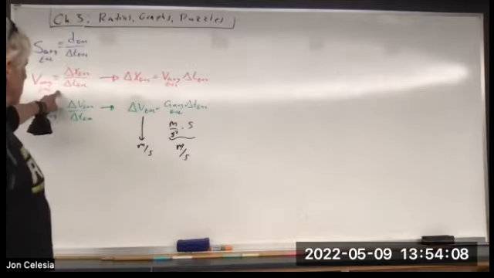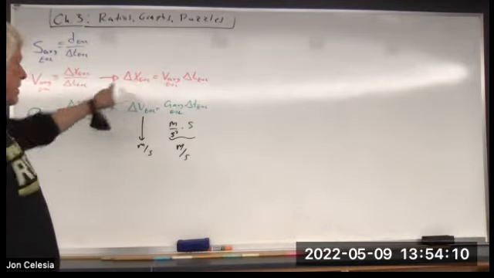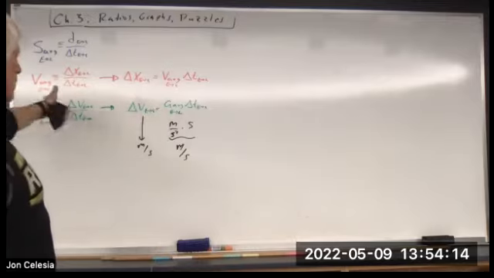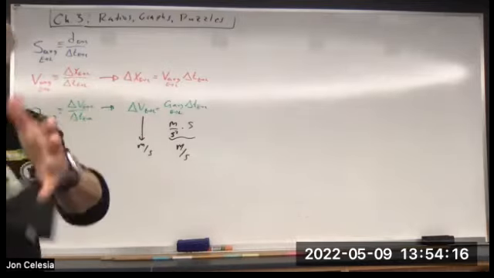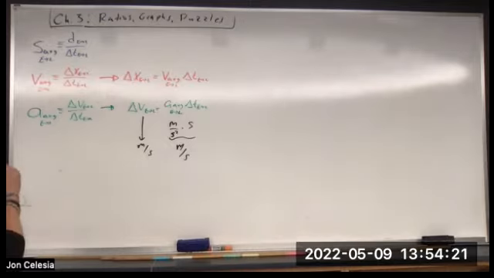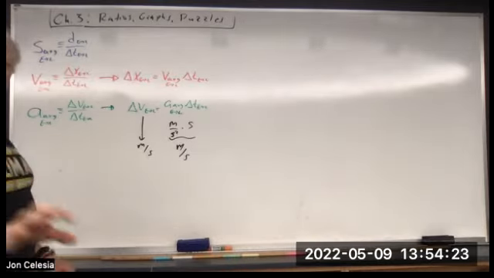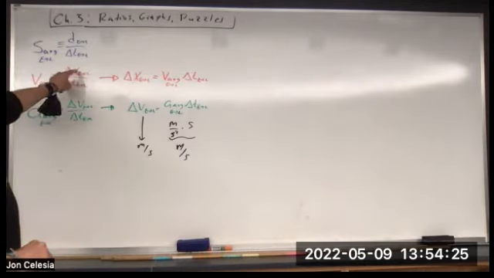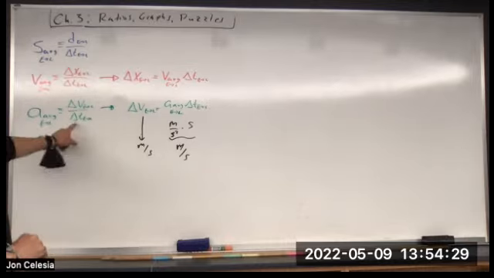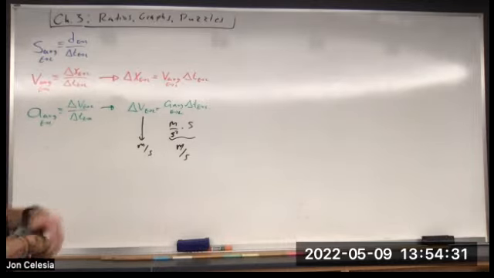So when I see this, I also see this in my head. I can rearrange it however. But graphically, this is going to be a slope. And let me just say this, you might not get this at first. On an x versus t, this is the slope. On a v versus t, this is the slope.